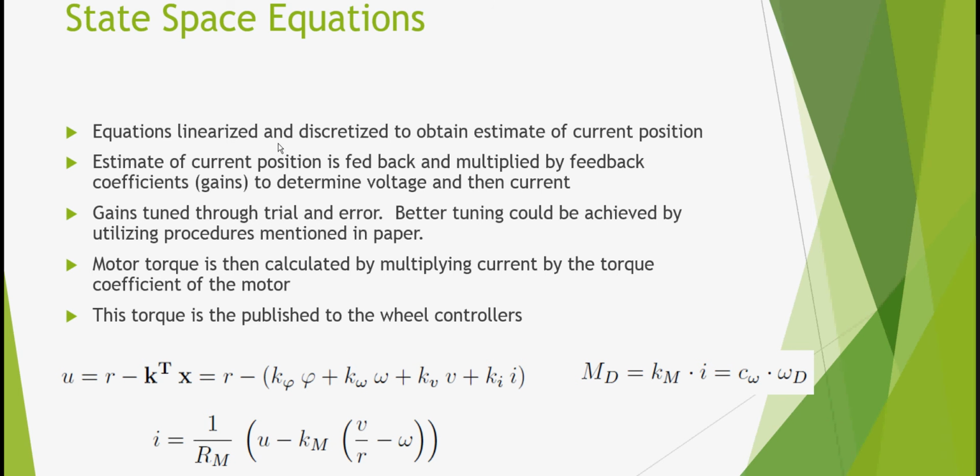The equations were linearized and discretized to obtain an estimate of the current position. The estimate of current positions is fed back and multiplied by feedback coefficients to determine voltage and then current. The gains for the feedback coefficients were tuned through trial and error, but better tuning could be achieved by utilizing procedures mentioned in the paper.